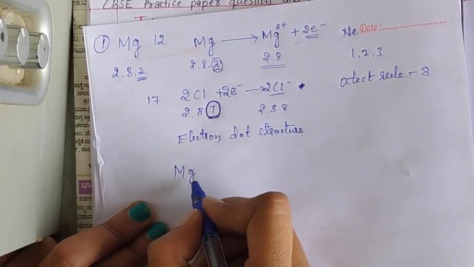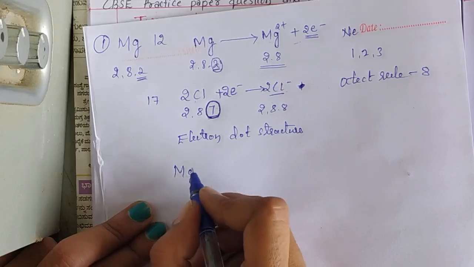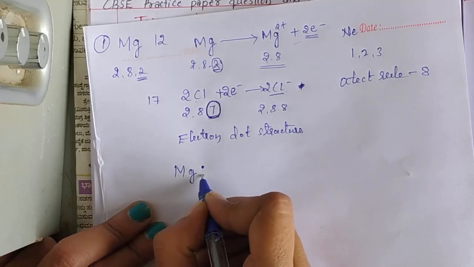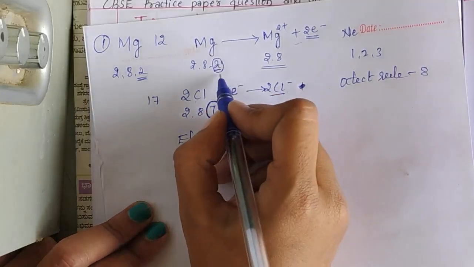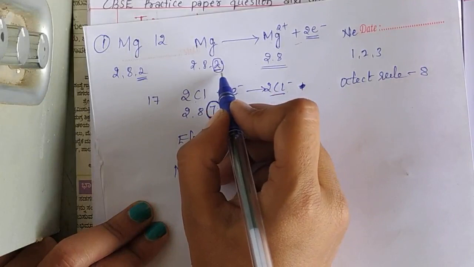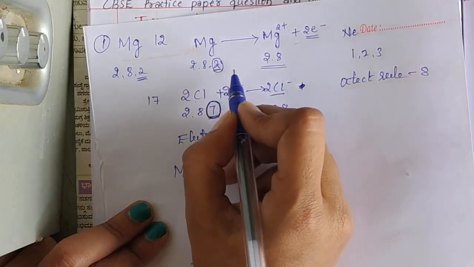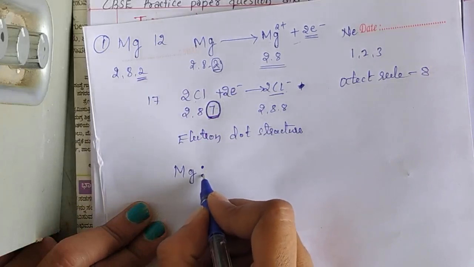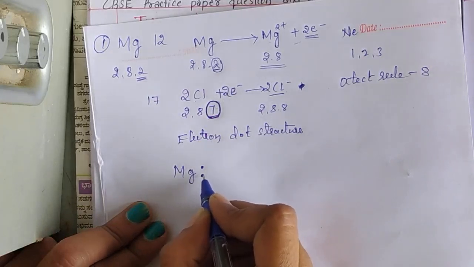The nucleus of magnesium is represented by its symbol, and we represent the outermost electrons by dots. In the outermost shell of magnesium, two electrons are present. They are represented by dots, so here we have placed two dots.